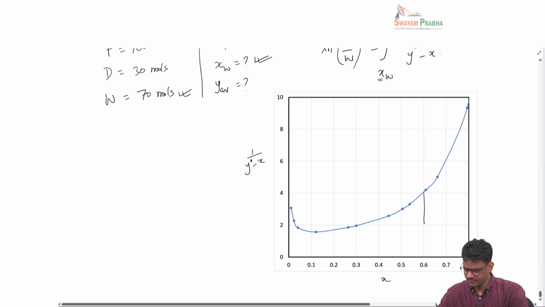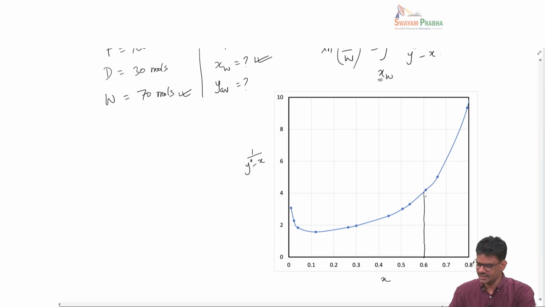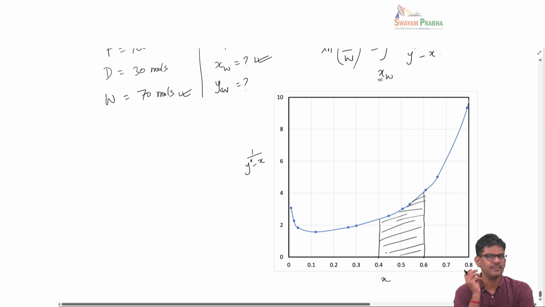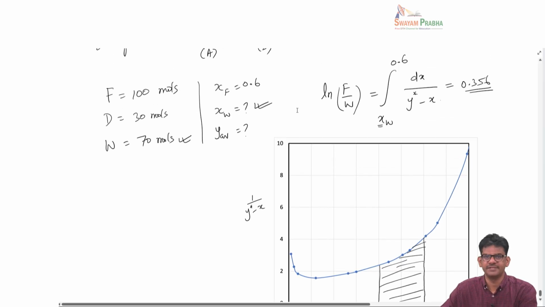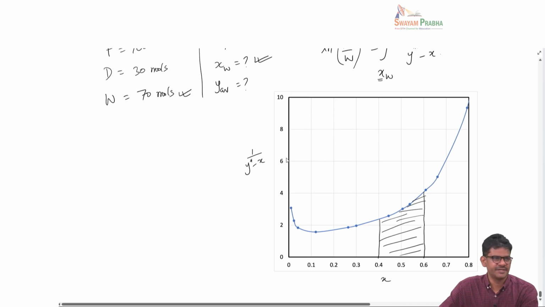Okay, so in this problem one of the limits, that is 0.6, is here, and we have to find where the other limit is, so that if I take somewhere here, this area should be equal to 0.356. So this has to be a trial and error method. You have to choose different XW values, and for each XW value you calculate the area and see when you match it.